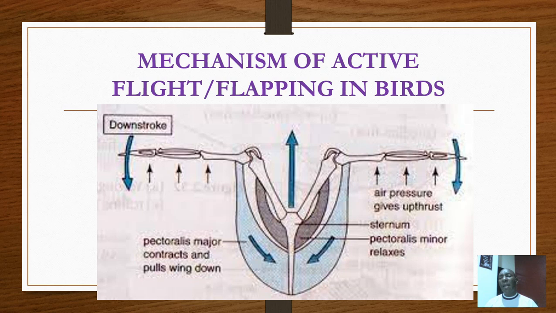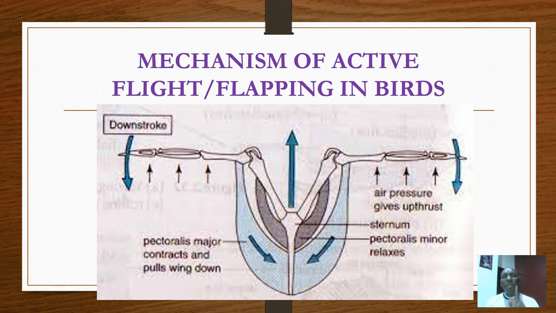The pectoralis minor is also called the elevator, while the pectoralis major is the depressor. Meaning when the pectoralis minor or elevator contracts, the wings will move up, elevate. While when the pectoralis major or depressor contracts, the wings will be moved down.